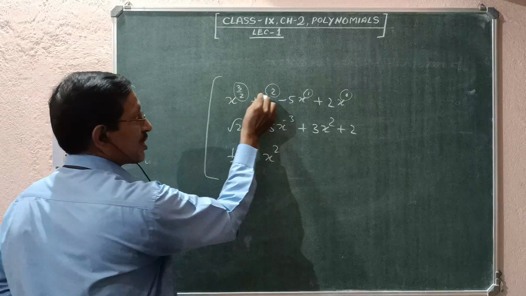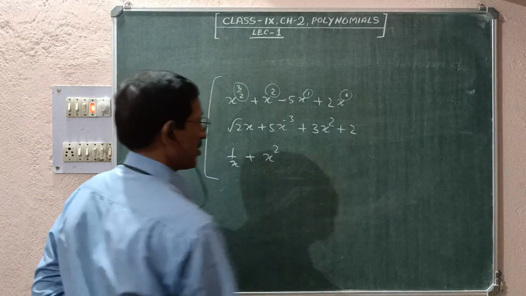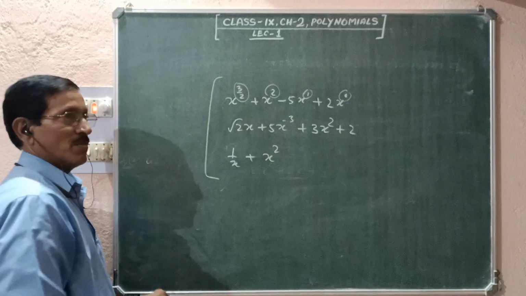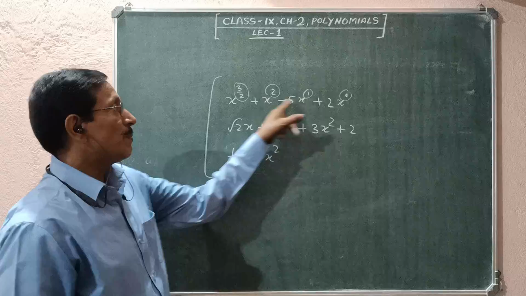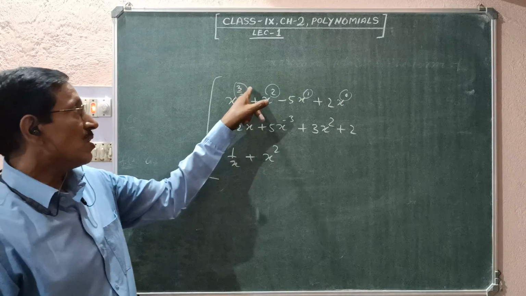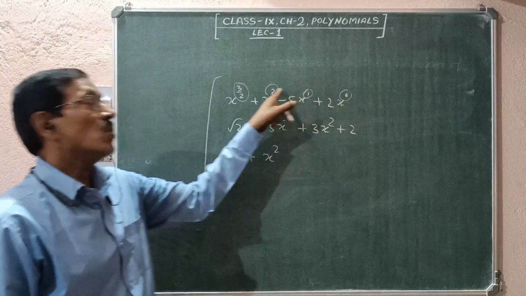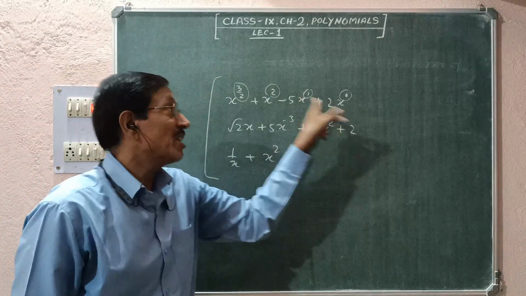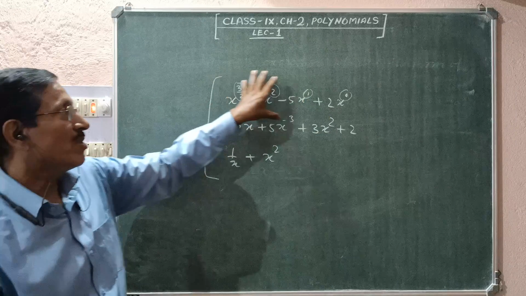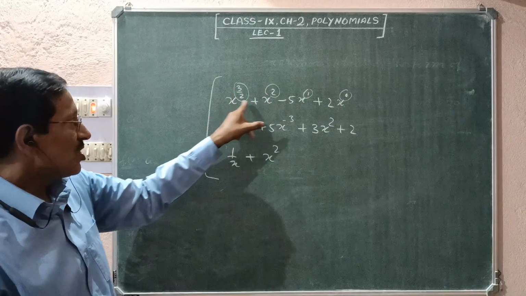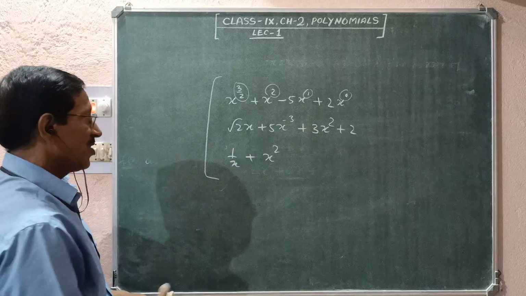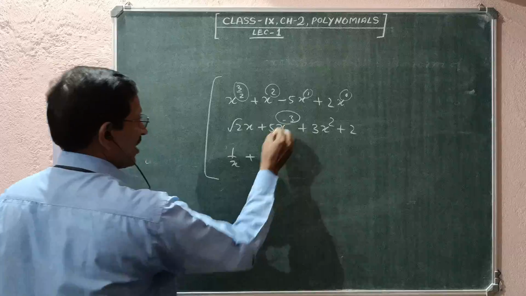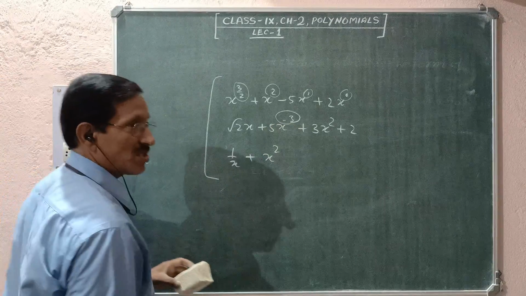So all the exponents are not whole numbers, only 3 are whole numbers. It is a fractional number. So for being a polynomial, all the exponents must be whole numbers. If any exponent fails to be a whole number, then it is not a polynomial. So this is not a polynomial. In this also, the exponent of this variable is not a whole number, minus 3 is not a whole number.